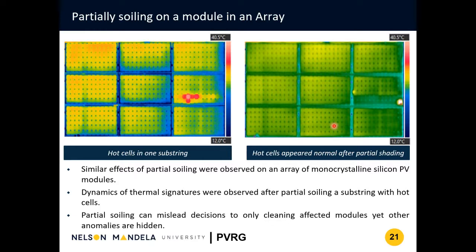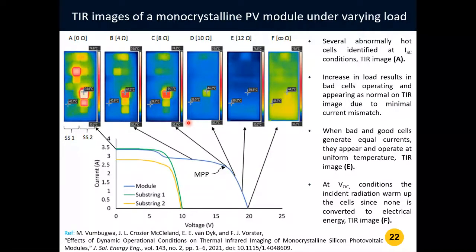Okay, these images and IV curves are of a monocrystalline module that was operating under varying load. And as can be seen, the increase in load forced the hot cells to appear as good cells due to decrease in current produced by the module.